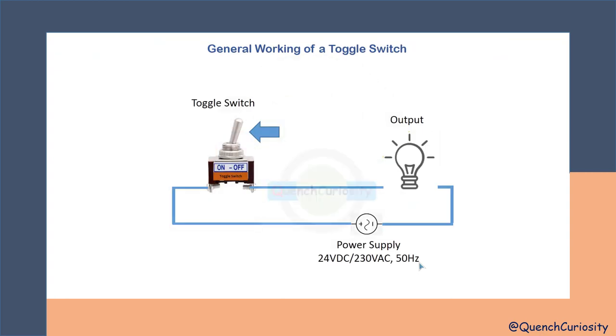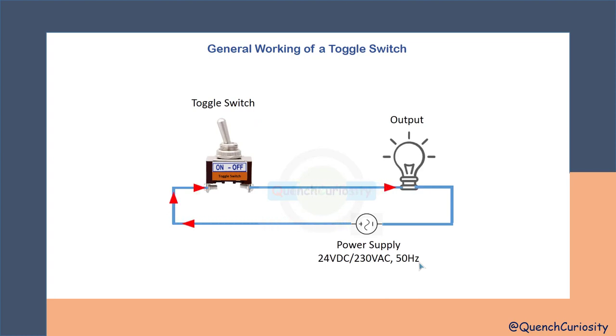The operation here is as expected. The toggle switch does not have any spring action to bring the lever back to its original position. That is why it requires an external force to change its state. As you can see in the slide, the blue arrow, when you push the lever of the toggle switch, its state changes.